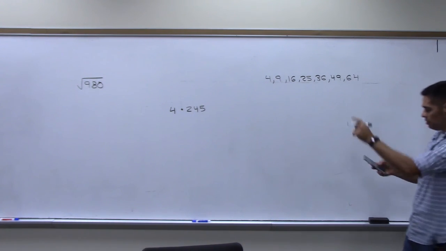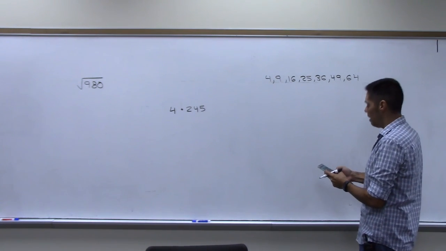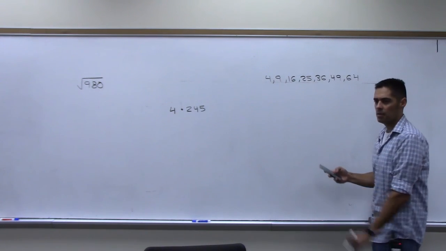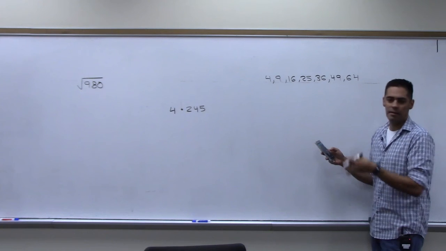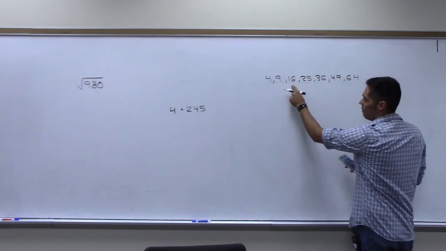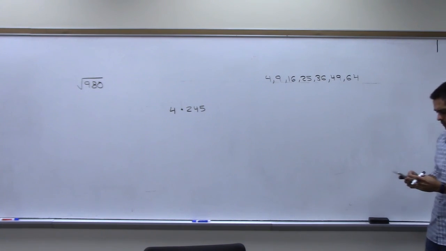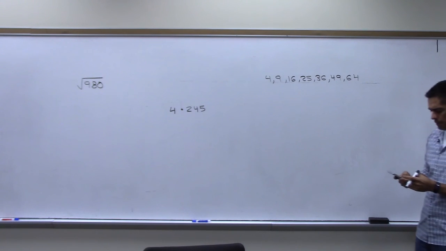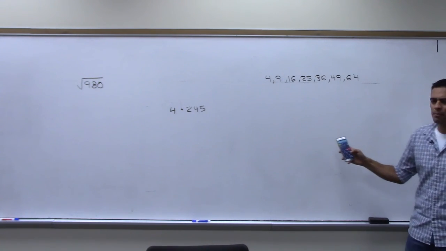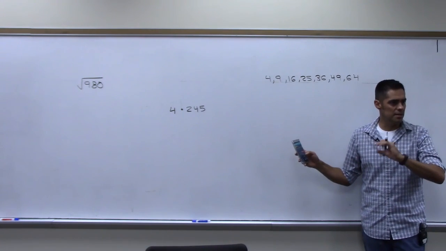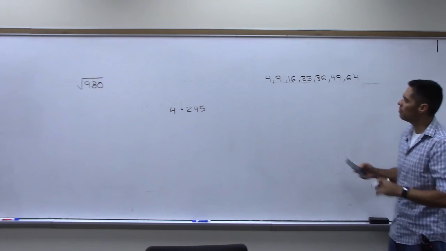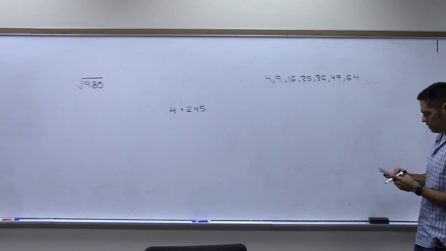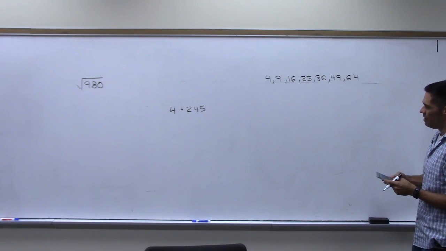So let me go and do 980 divided by 9. Doesn't go in perfectly. I get 108.888. So I'm not going to use 9. How about 16? I get 61.25. That's not a nice number. Do y'all understand what I'm doing? I just keep dividing through. How about 980 divided by 25? 39.2?